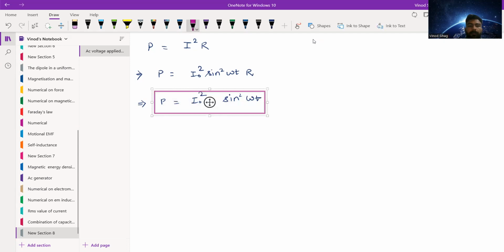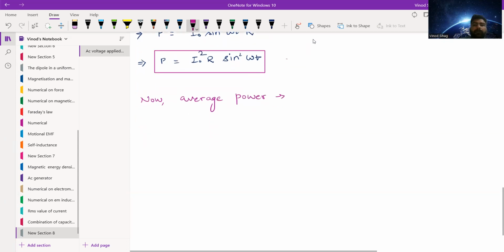How to find the average power? On both sides, take the time average over one cycle.